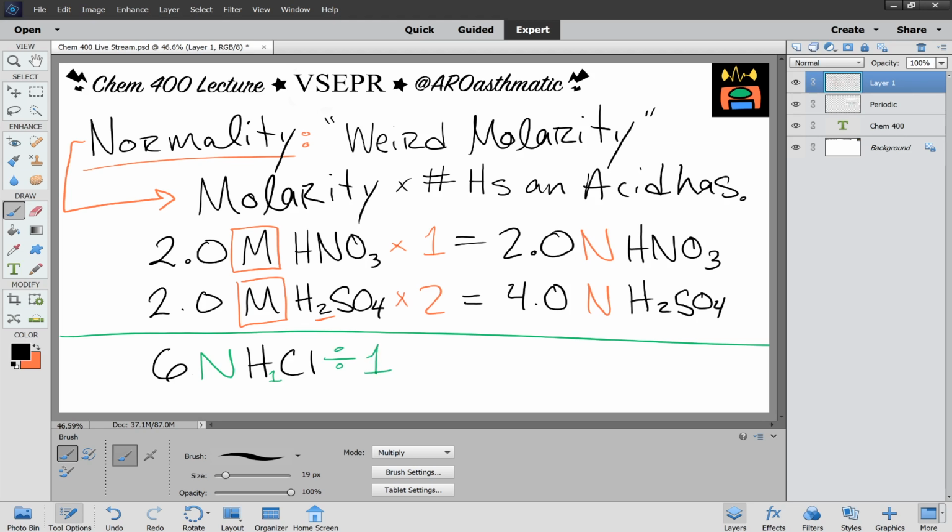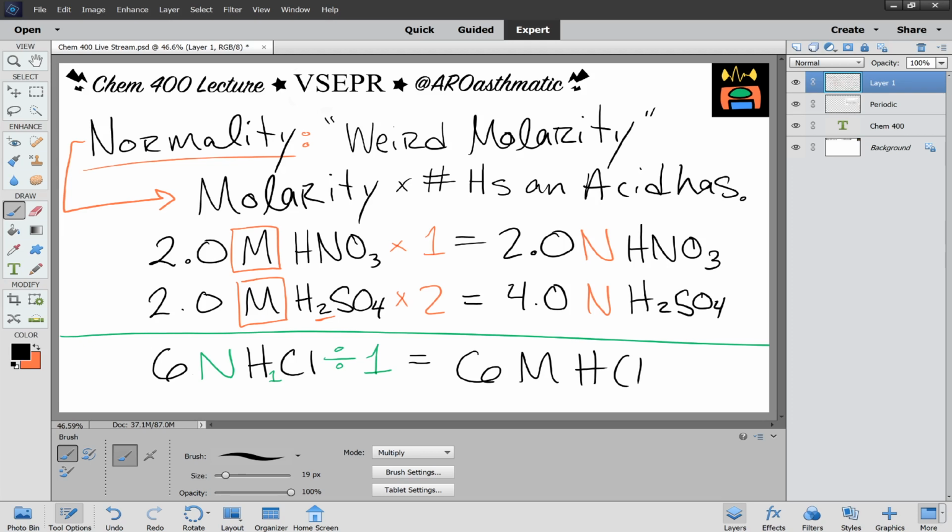So it turns out 6 normal HCl is 6 molar HCl. So they're the same thing, only because HCl, hydrochloric acid, only has 1 proton to donate. So anyways, it's kind of an older concentration unit. You run into it kind of in engineering circles every once in a while.